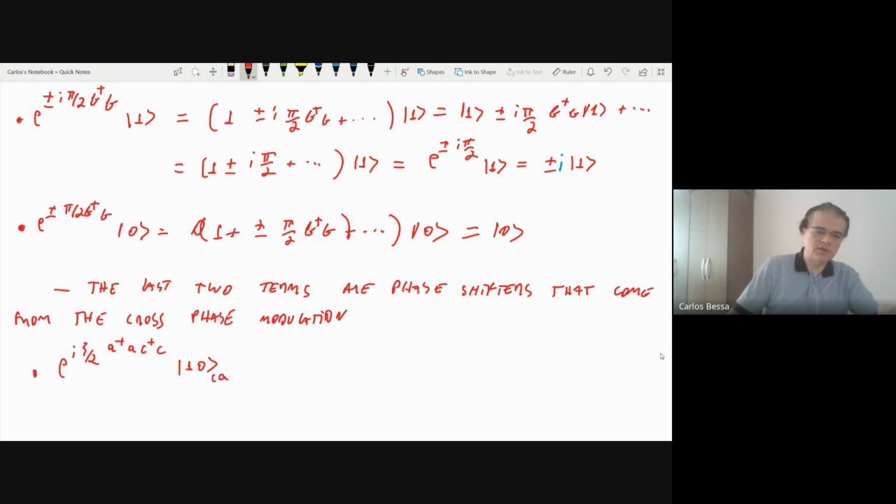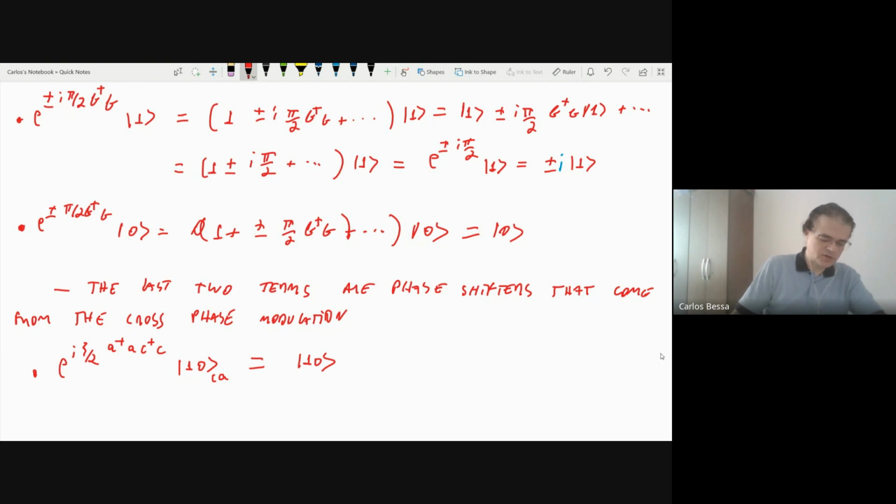This is C, this is A. And if you do the same thing that we did here, remember always that C applies to the mode C only, and A applies only to the mode A. So this will give 1, 0.